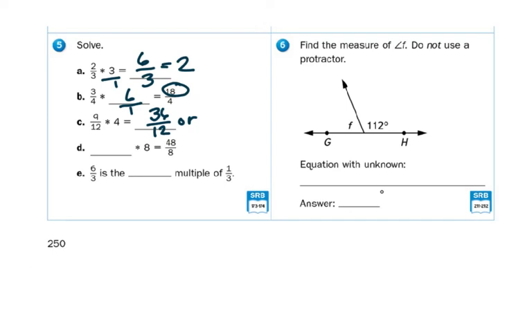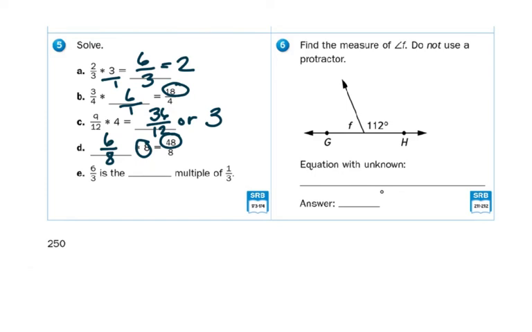How many 12s are there in 36? 3. D, what number times 8 would give me 48/8? In other words, we know it's going to be eighths, what number times 8 would give me 48? And the answer would be 6.